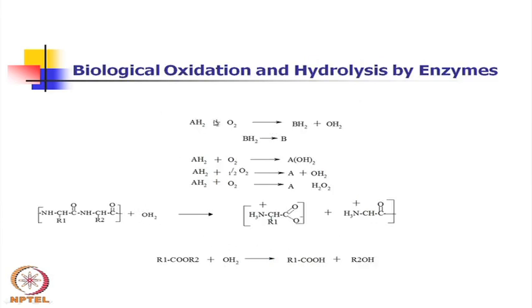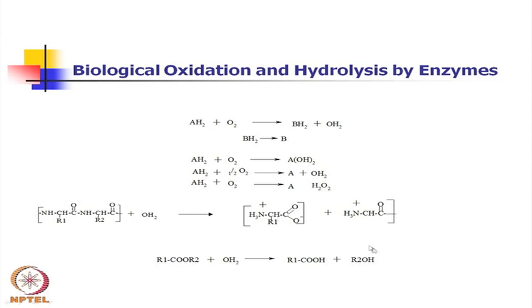And for biological oxidation and hydrolysis by enzymes, this shows a scheme of reaction. Basically this is an oxidation process. This oxidation reaction is catalyzed by the presence of enzymes and it ultimately produces acids and alcohols if the polymer is a polyester.